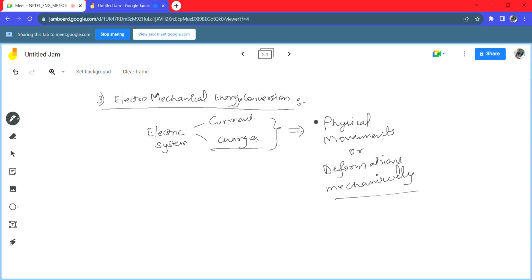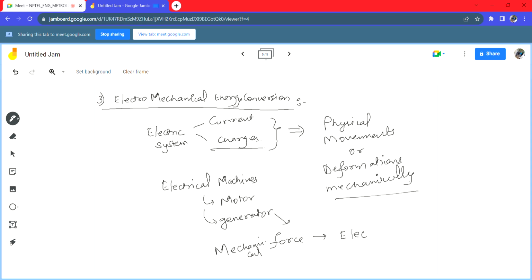A normal example of electromechanical energy conversion can be the electrical machines, such as the motor and the generator. Now here, if you put an initial mechanical force, it starts giving electrical power as output.